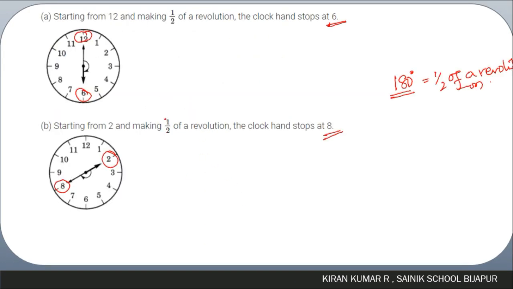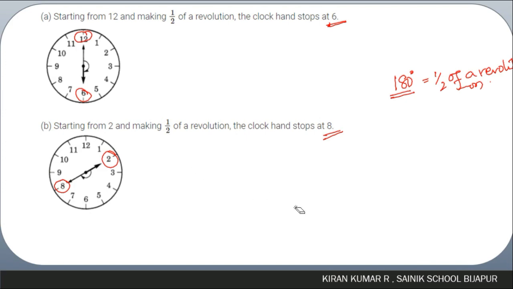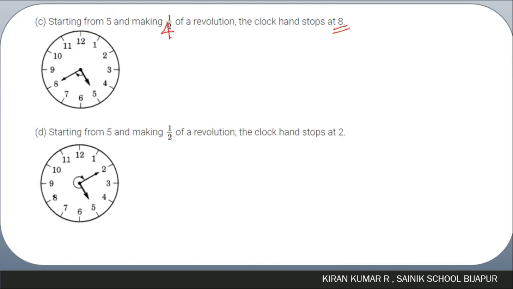In the next one it is 3/4 of a revolution. When 3/4 of a revolution is made at 5 o'clock, we get it at 2.